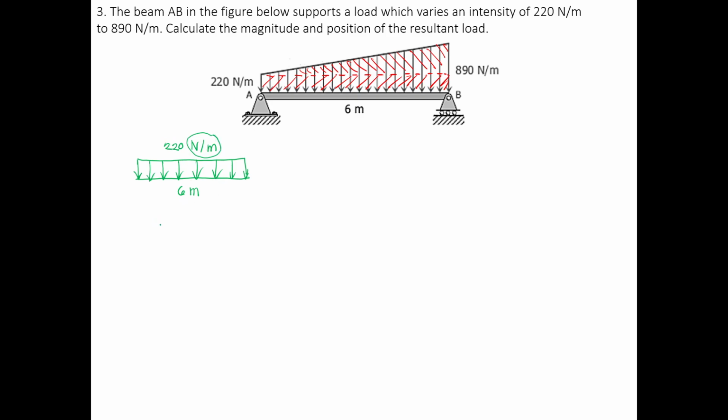So the vertical force, let's say F sub 1, is equal to 220 times 6, and the answer is 1,320 newtons.